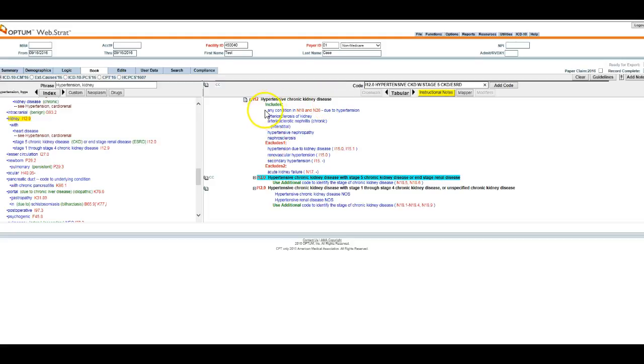It's telling us what it includes: any condition in the N18 and N26 due to hypertension, arteriosclerosis of kidney, arteriosclerotic nephritis, chronic interstitial hypertensive nephropathy, and nephrosclerosis.